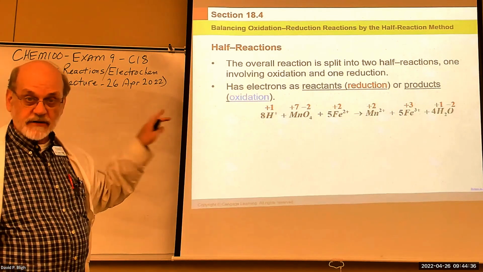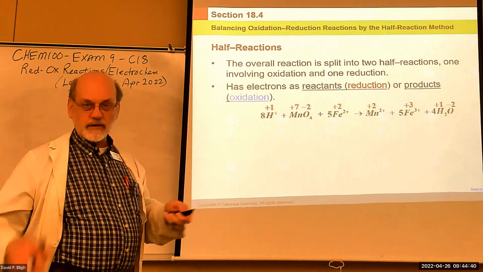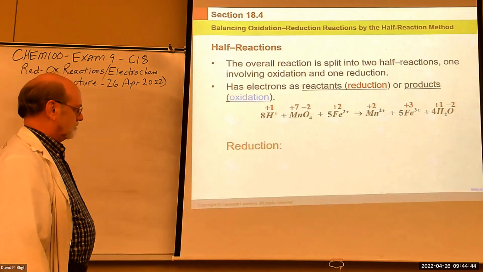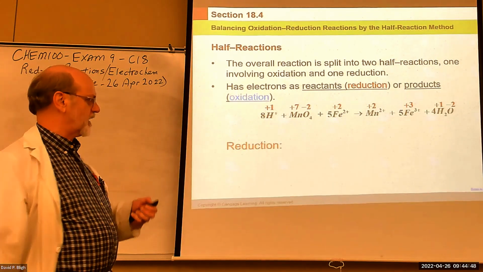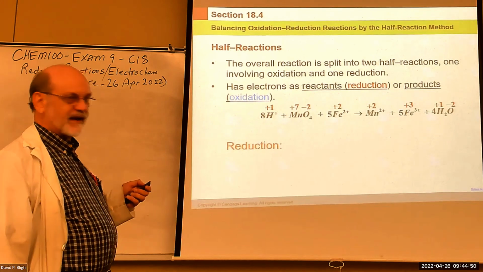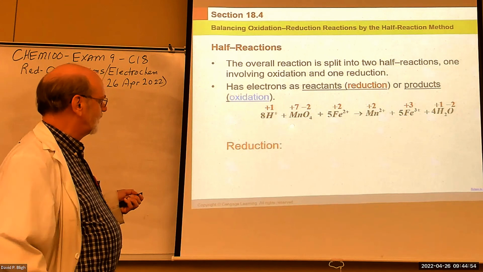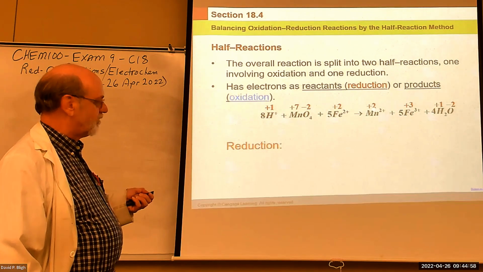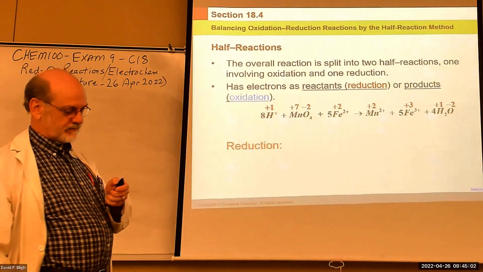So now we've got all the oxidation states. And we did that just like we always do. Use our rules. And we're going to split it into the reduction. So which one's the reduction reaction? Which one gained electrons? Well, let's see. It looks like manganese gained 5 electrons for each atom of manganese.